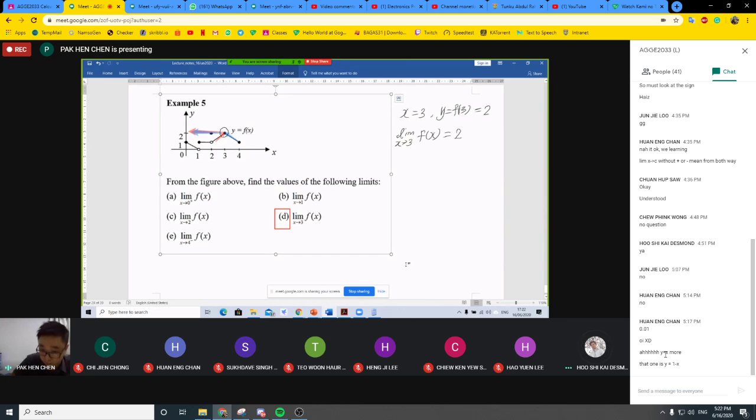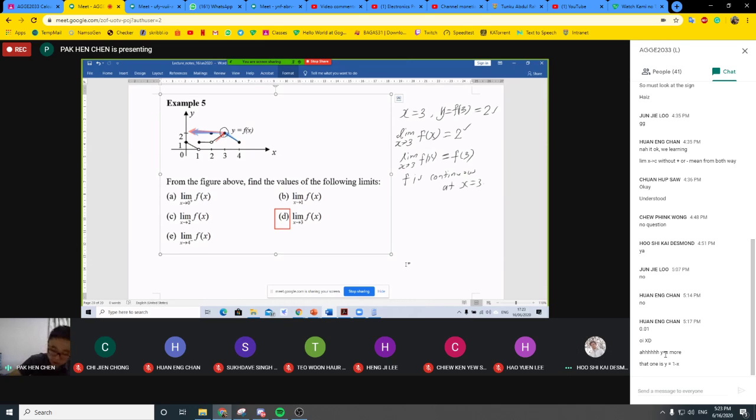Yes or no? Yes. If we compare the limit value and the f(3) value, are they the same? Yes, they are the same. When this is the same, we can say that f is continuous at x equals to 3.